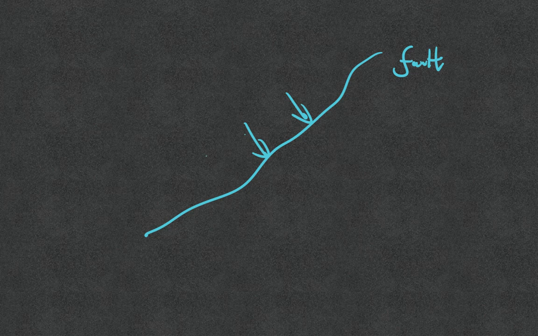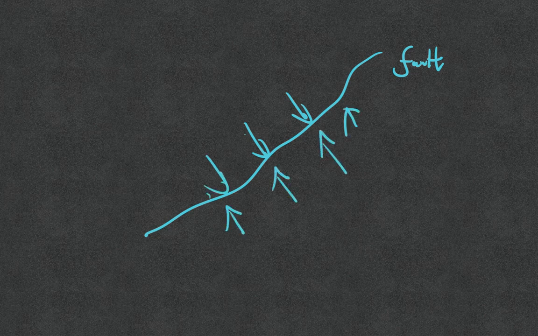Let's say there's a fault system. You know what a fault is. If you're from San Francisco, you probably know there's the Hayward fault there, or if you're in LA, the San Andreas fault. Basically it's a line that is compressed on both sides.